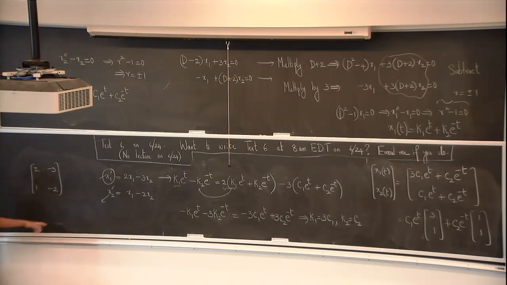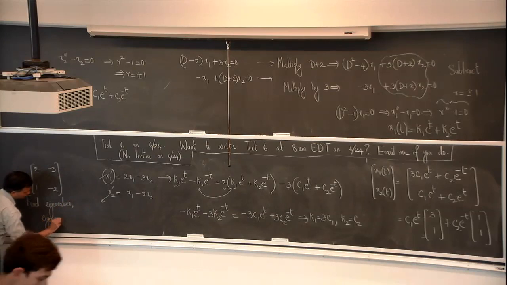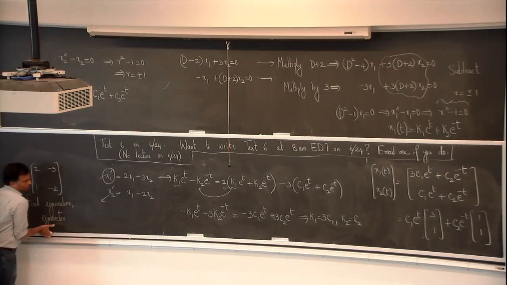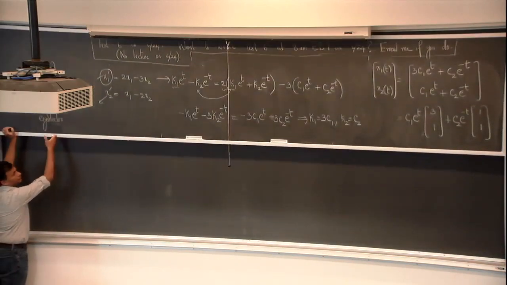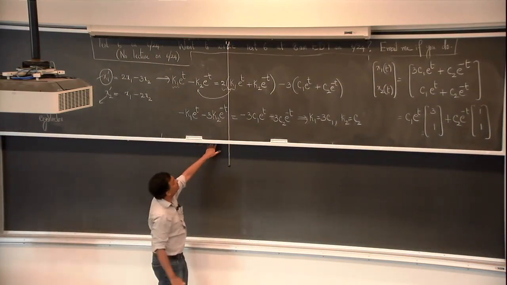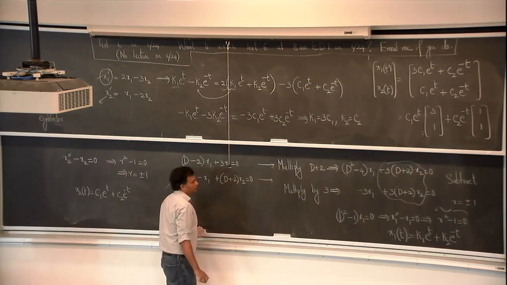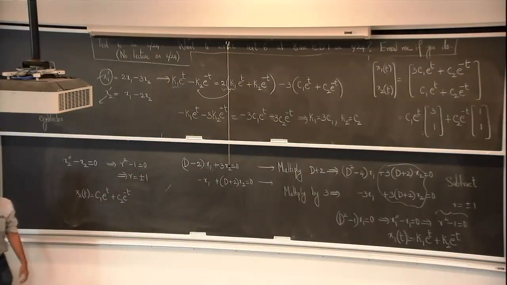Now, once again, let's take the coefficient matrix of this and write it here. Can you find its eigenvalues and eigenvectors? It's a 2x2 system, so you should be able to do it quickly.